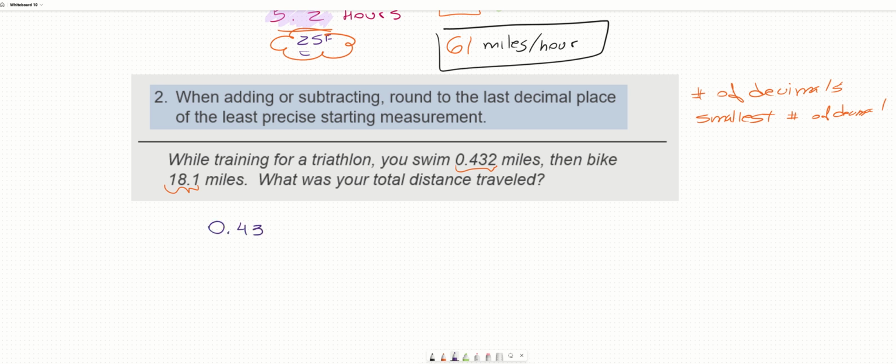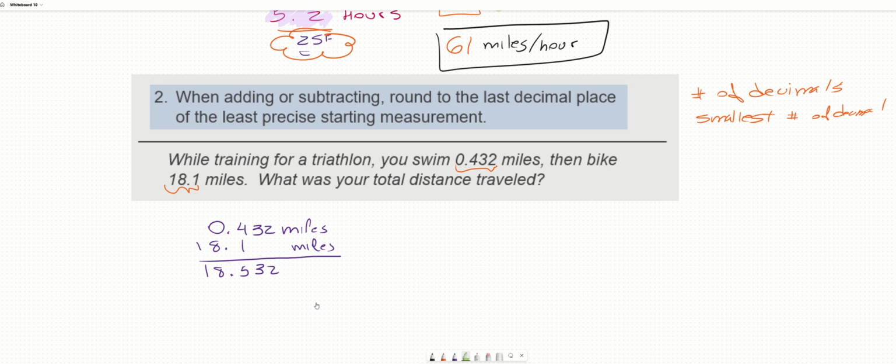So I have 0.432 miles and 18.1 miles for the bike. When you add all together, I have 2 plus 4 plus 1, 5, here it's 8, so 18.532.